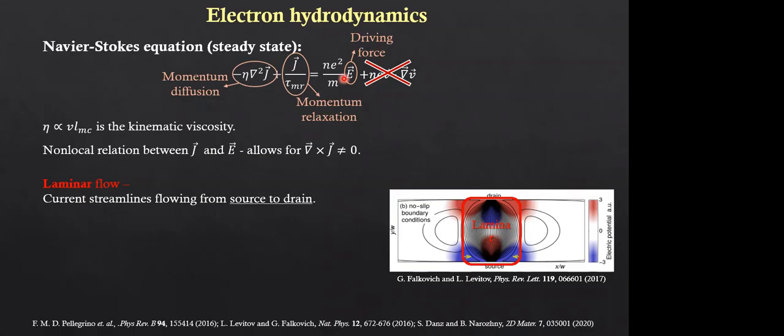Okay, fine. And what is the meaning of this non-local relation between J and E? What exactly do you mean by the term non-local here? Non-local, what I mean is, for example, you can write not in real space but in K space.